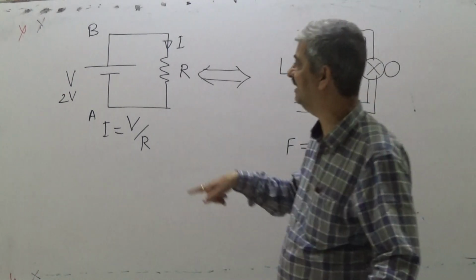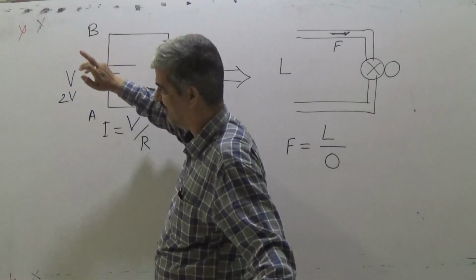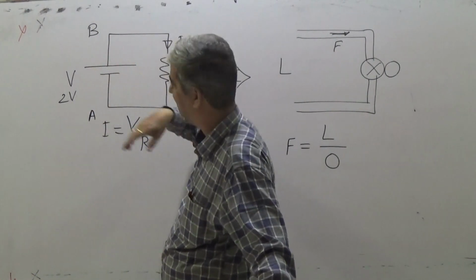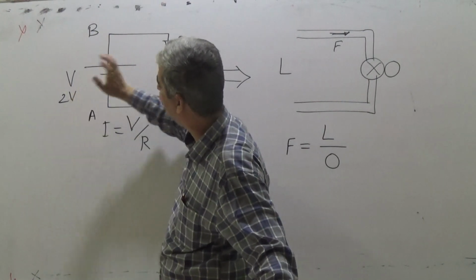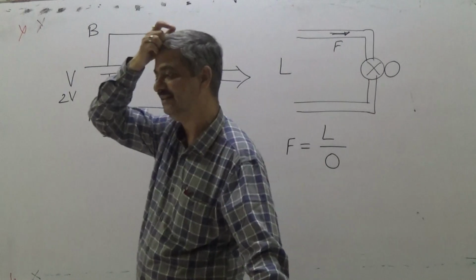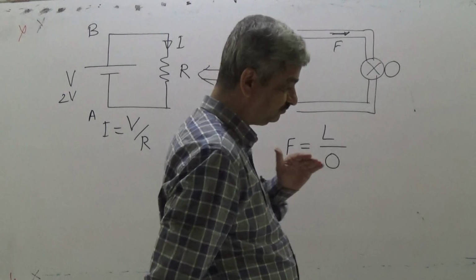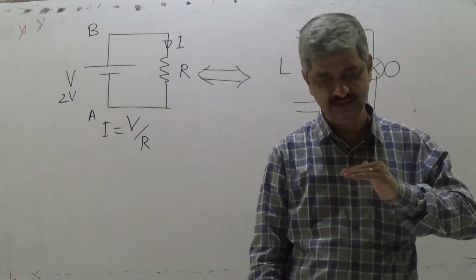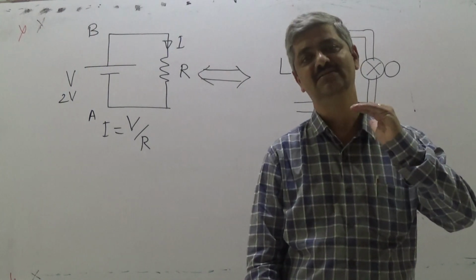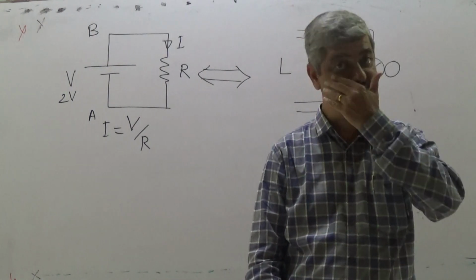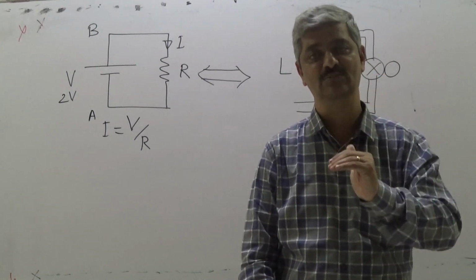So the battery maintains the potential of point A as 2 volts more than the voltage of point B. Like that, I should be able to maintain the level difference of one point with respect to the other point in the water level model.